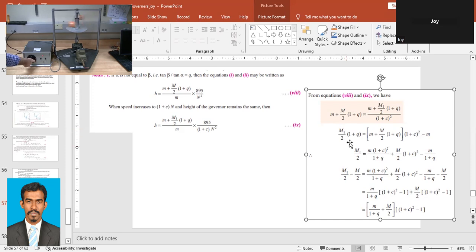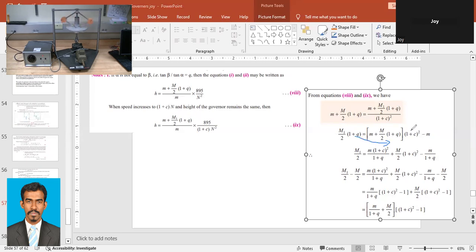I'll open the bracket, m1 by 2, and I have m1 q by 2. I'll take it to the other side, all right? M into 1 plus c whole square. So I am breaking this bracket and bringing this 1 plus c squared inside. M into 1 plus c whole squared upon 1 plus q. So I'm bringing this 1 plus q to the downside, so this 1 plus q is coming here.